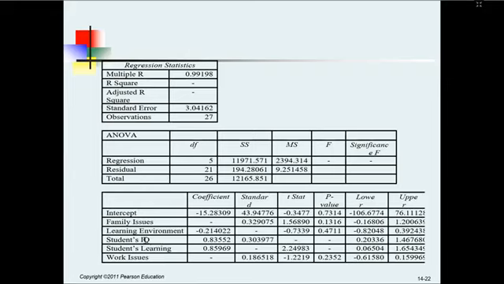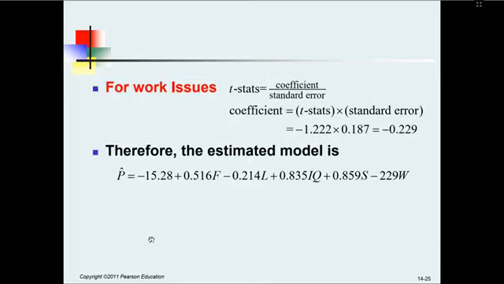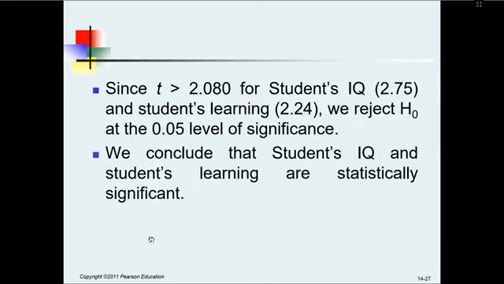So student IQ and student learning are significant, but family issue, learning environment, and work issue do not contribute to predicting student performance. So there are only two factors that significantly predict student performance: student IQ and student learning.